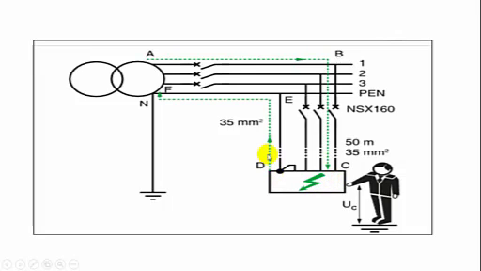So it's drawing these loops C, D, N, A, B.